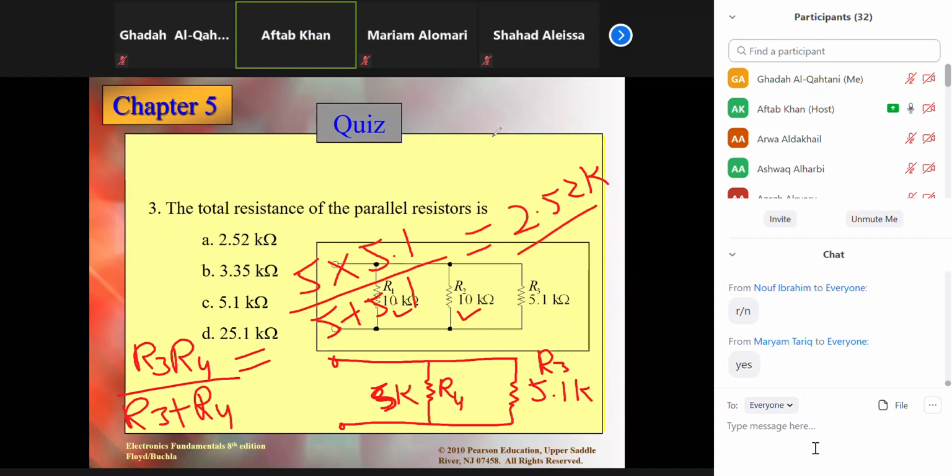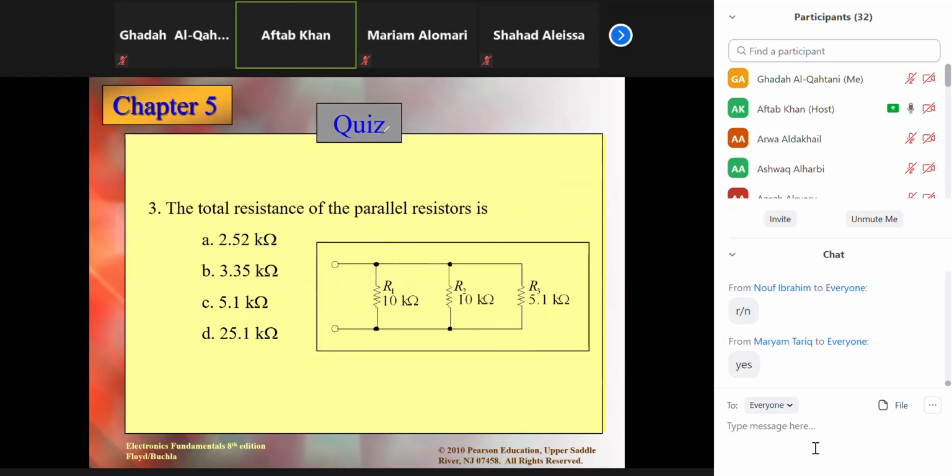Whatever way you like. I want to teach you different ways, so that you feel free whenever you feel this is the easier one, or we can easily solve it this way. Sometimes we just give three resistors of the same value.